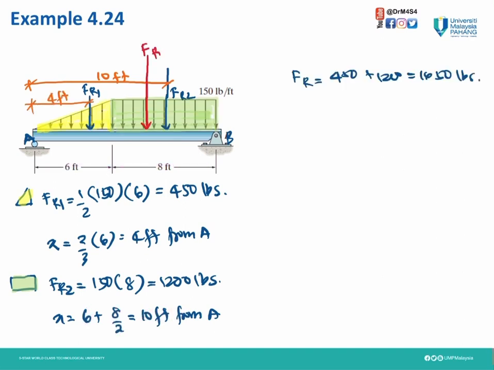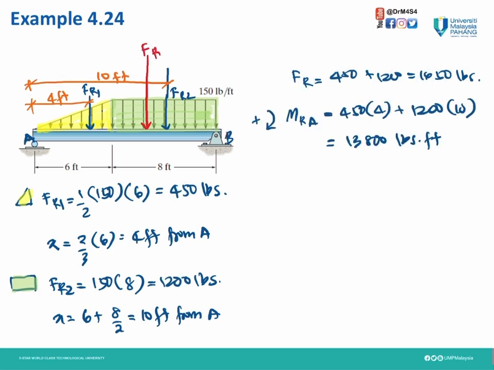We have FR1 and FR2. Then we can get the total force resultant, which is 450 plus 1,200 pounds. The total FR is 1,650 pounds. So this is our FR, but we don't know yet where exactly the location is. Therefore, we take moment at A equal to 0 and positive clockwise.